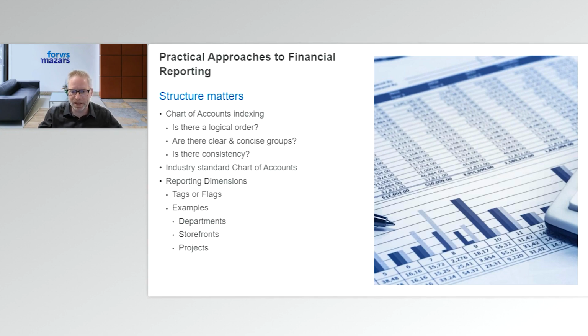And then finally, does your GL system or ERP use what are called reporting dimensions? These are like tags or flags that you can place on transactions. These take the place of these traditionally very long strings in the chart of accounts that identify things like departments or projects or locations.